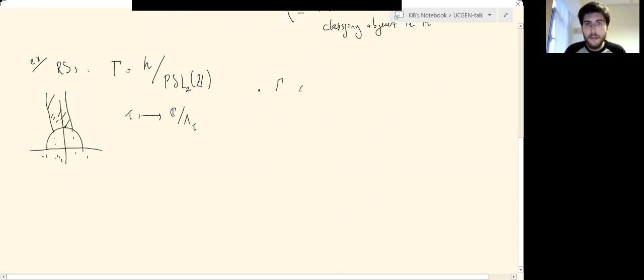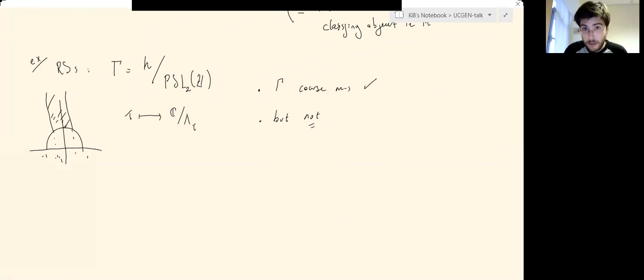So it is a coarse moduli space, but not fine, which means that it is not good enough to distinguish families of elliptic curves. And this is because of the existence of non-trivial automorphisms in general. So, but not fine, okay?